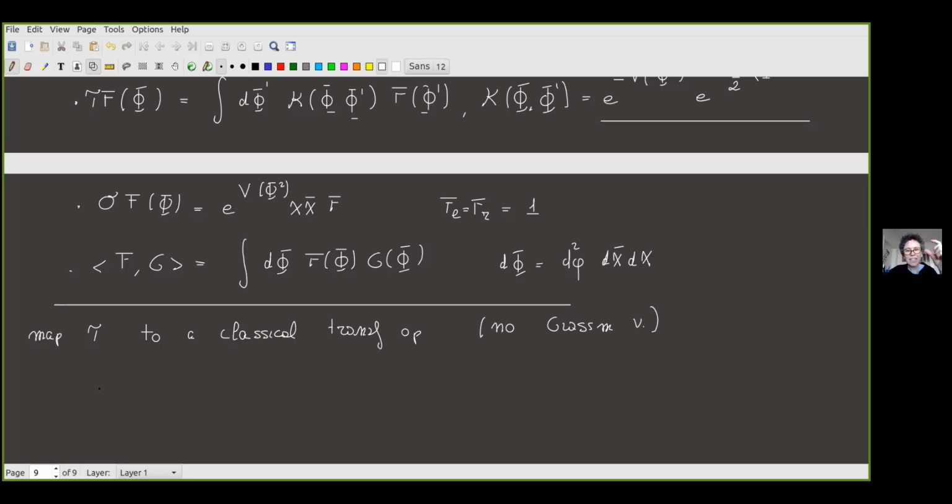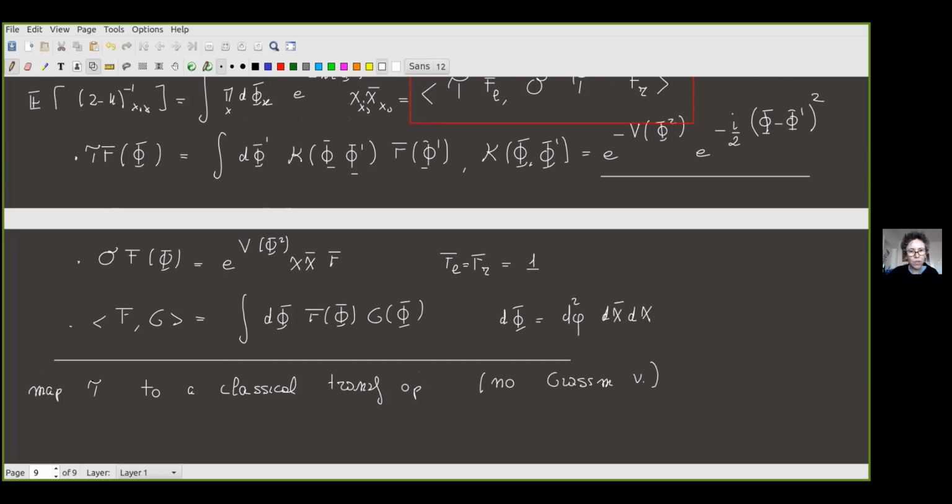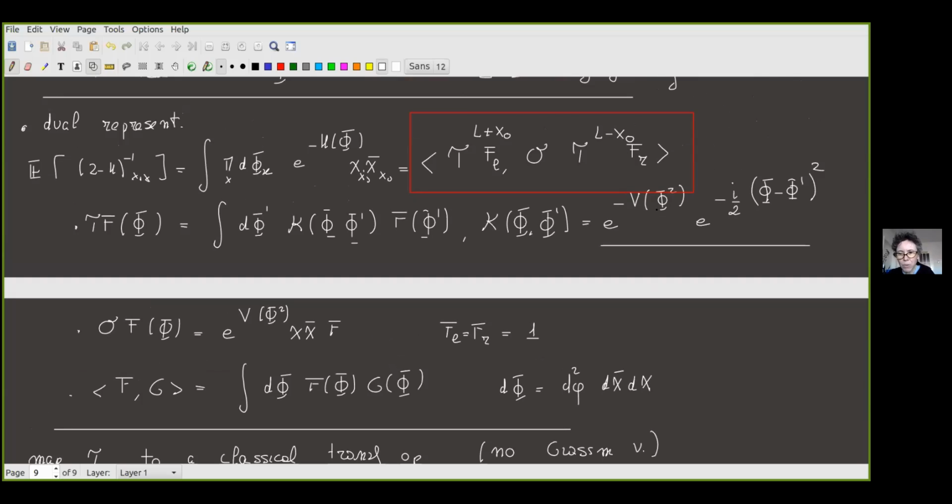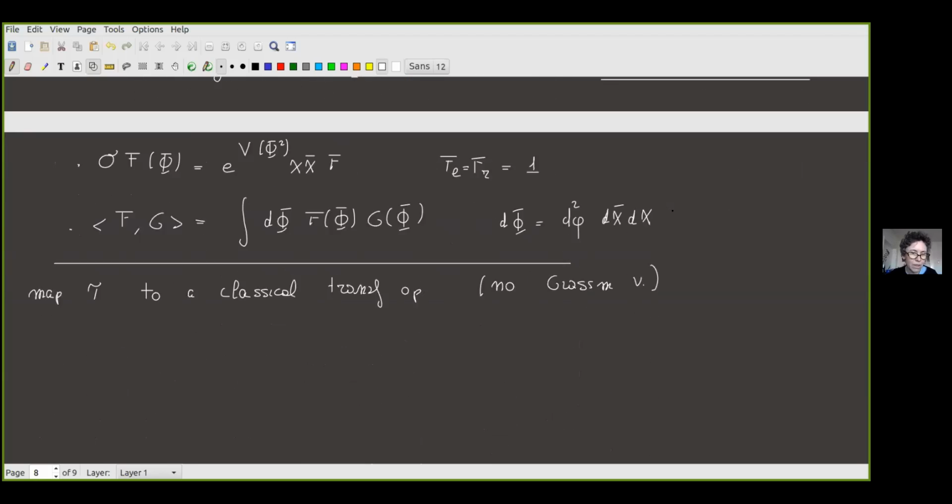Well, the idea is that if you look at our K, the potential is a function of phi squared, and here we have phi minus phi prime squared. So if these were ordinary variables, this would tell you that these two expressions are rotation invariant. And actually the same is true here, but we have to define super rotations that rotate also the Grassmann variables.